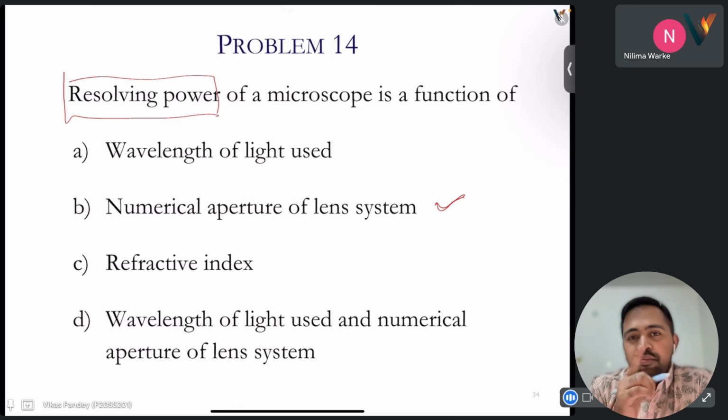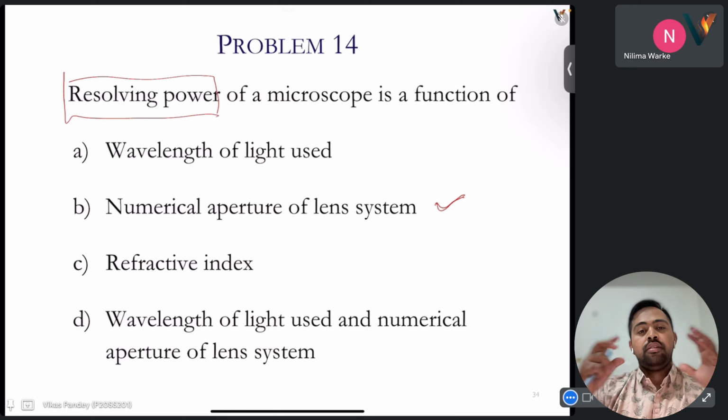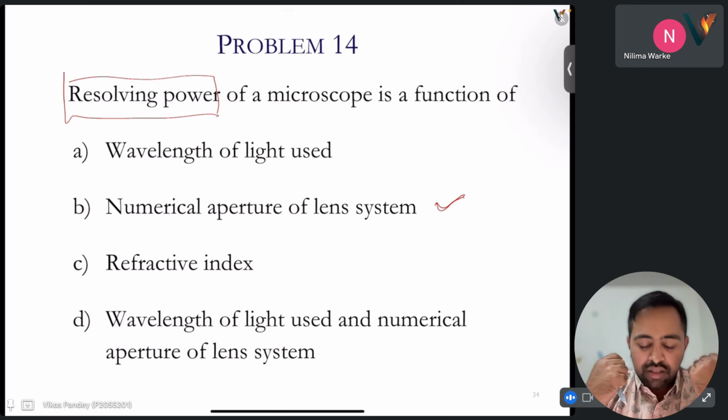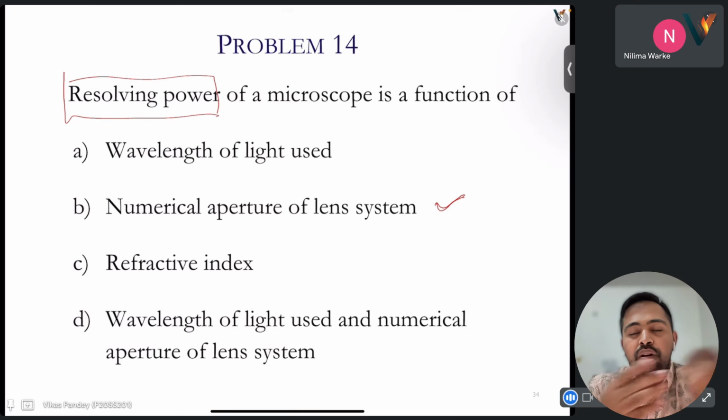As we have discussed earlier, it will certainly depend on the numerical aperture, that is, how much light the lens system can collect. The second thing is the wavelength of the light used. If we use a smaller wavelength, we can go to higher resolution. Remember, we talked about this earlier.